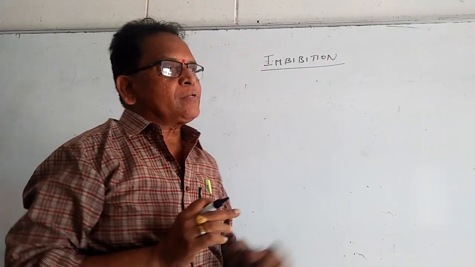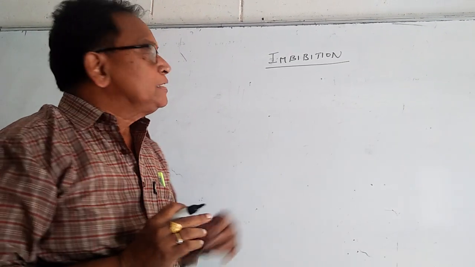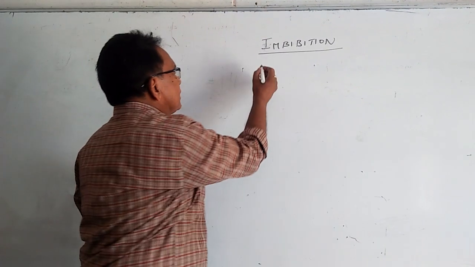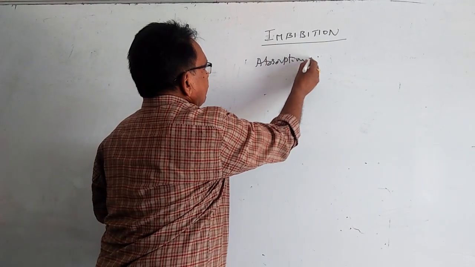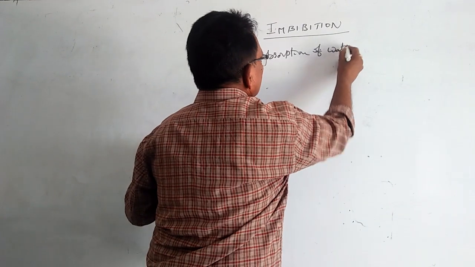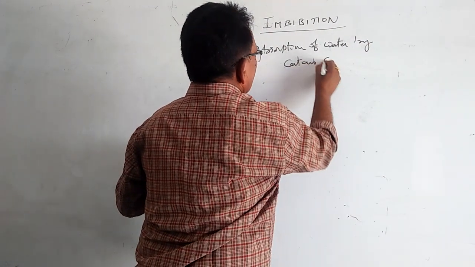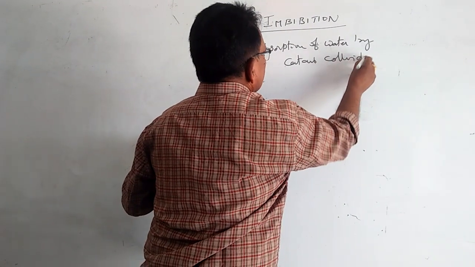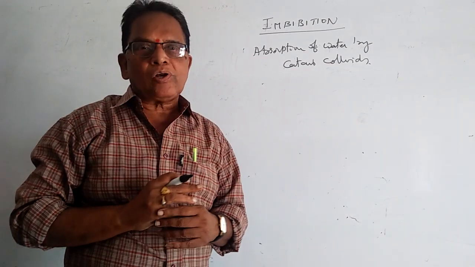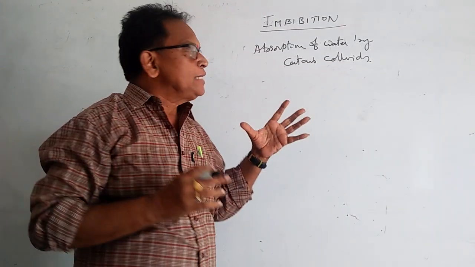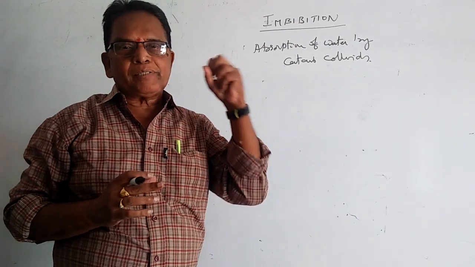The next aspect of our plant water relations is imbibition. It is nothing but absorption of water by certain colloids. There are some substances called colloids, and whenever we place these colloids in water, they absorb that water.